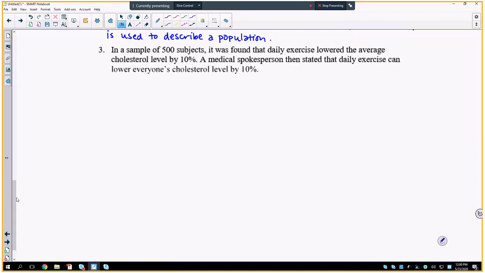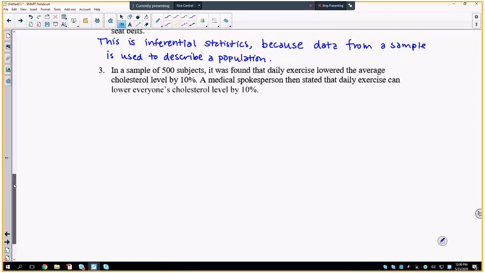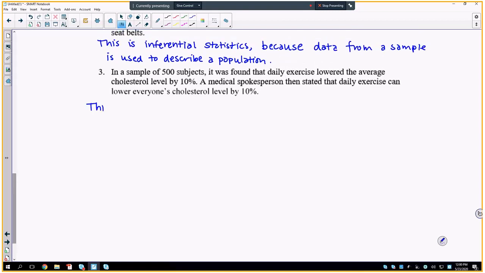So just like example 2, this is inferential statistics, or statistical inference, and again, for the same reason: because data from the sample of 500 subjects is being used to draw conclusions about the entire population.